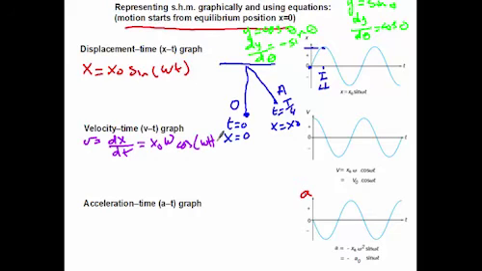The most important thing to know is that v equals x naught omega cosine omega t.